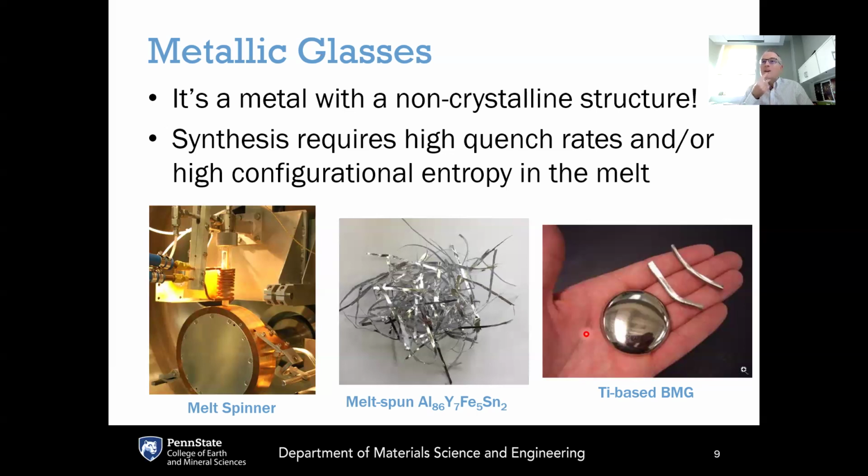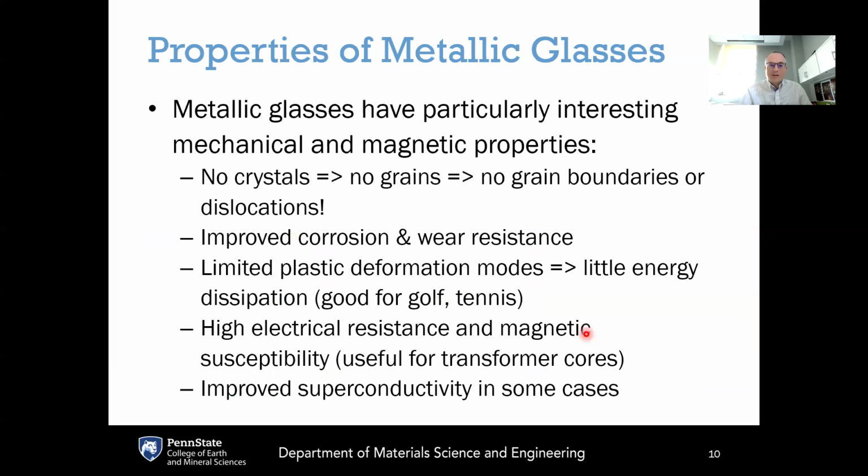So if you take away those defects, now there's no way for the metallic glasses to dissipate that energy. And so as a result, metallic glasses display a lot more elasticity compared to normal crystalline and polycrystalline metals, meaning if you've got a metallic glass ball, and if you drop it, it will bounce much higher and for much longer compared to a polycrystalline metal. And if you search on YouTube, you can find several videos that show this really interesting behavior of metallic glasses.